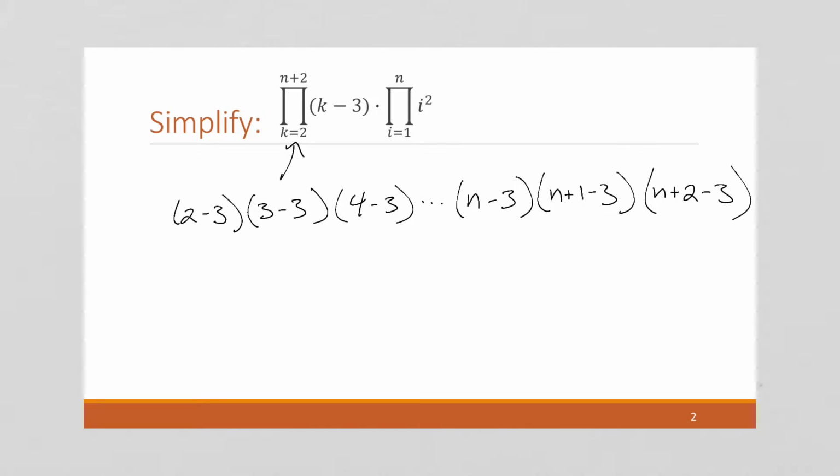If I take this first term off, then we're going to be starting at 3 to n plus 2. And if I take this last term off, we'll be starting at 2 to n plus 1.